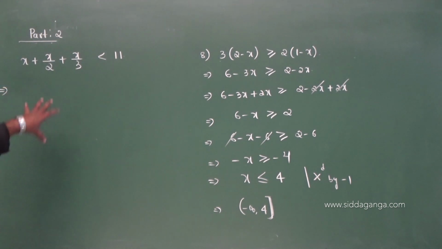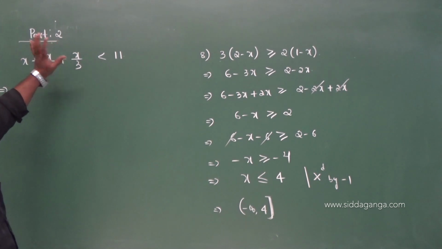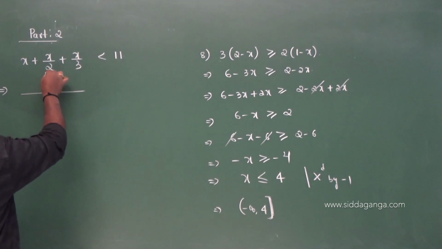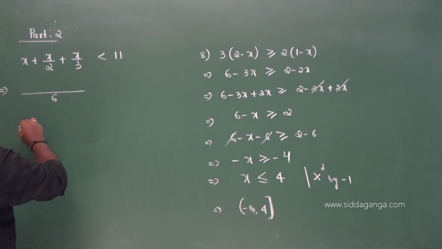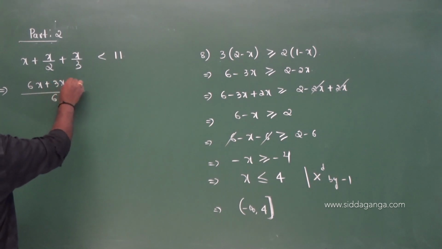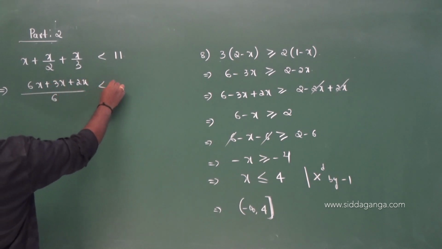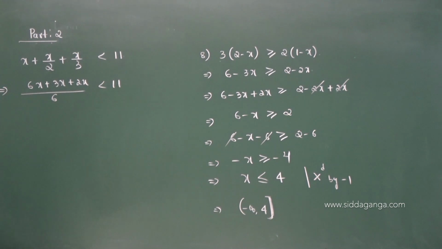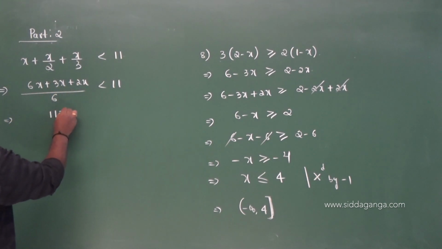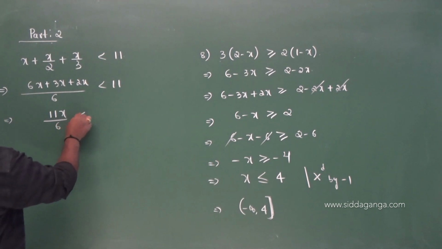Simplify the LHS by taking the LCM for these two, that is 6. You get 6x plus 3x plus 2x is less than 66. Now 6x plus 3x is 9x, plus 2x is 11x. So 11x by 6 is less than 11.